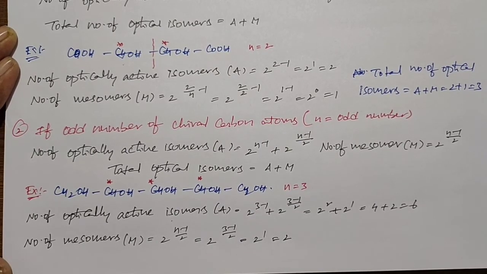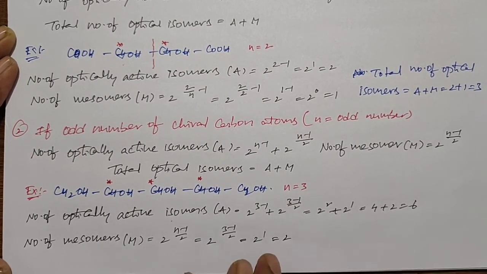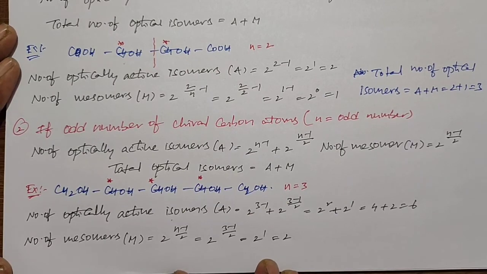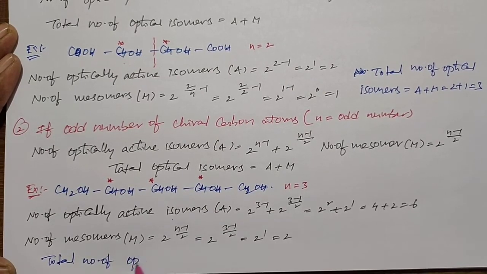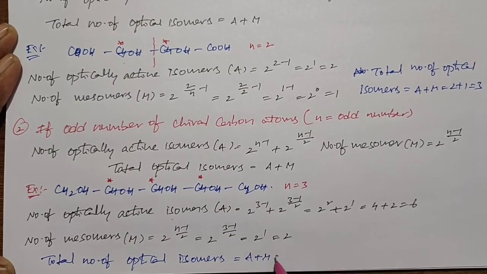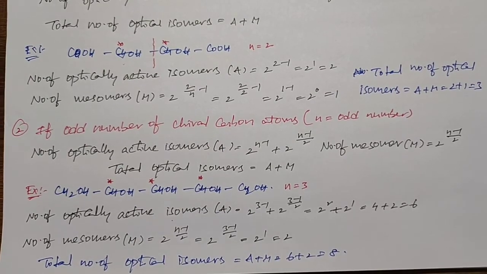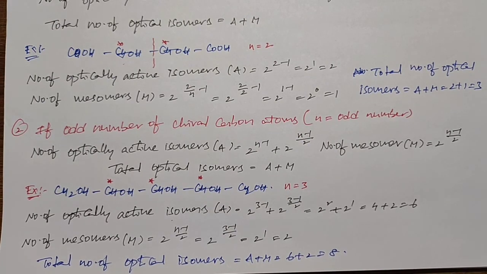So number of mesomers is equal to 2. Then total number of optical isomers, A plus M, is equal to 6 plus 2, which is 8. So like this we can find the number of optical isomers, whether the given molecule has symmetry or not.